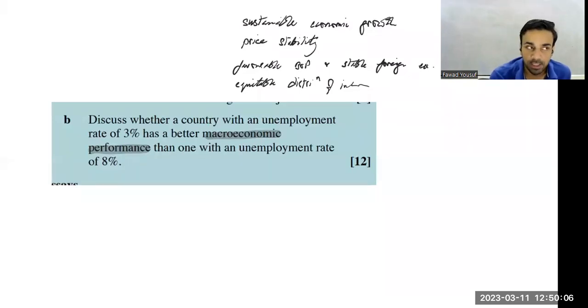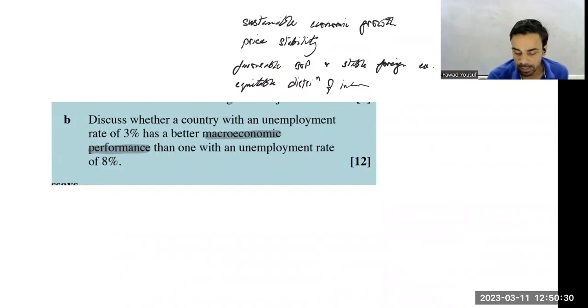But the good thing is wages might be on the lower side, and that might make businesses very happy, and cost of production low, maybe making us competitive internationally, right? So many things that we can talk about. 8% can be good also.